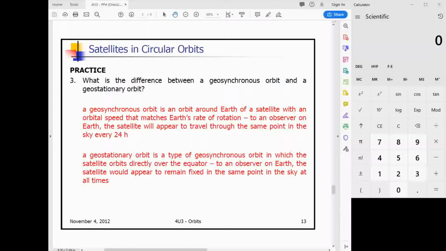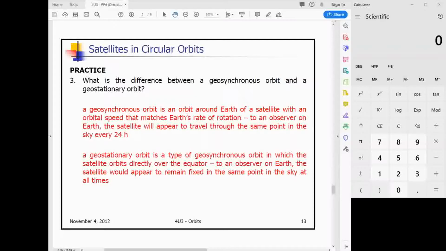So it would have a very predictable path. So predictable, in fact, that if you were to go outside and look at the same location in the sky, say at 8 a.m. every morning, you will see that satellite in that location at the same time. So it's important for a lot of artificial satellites, we want them to have this geosynchronous orbit.